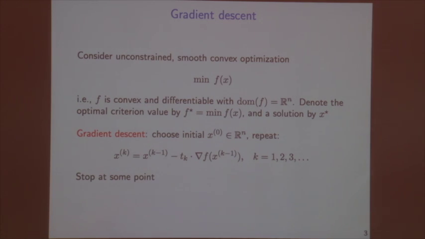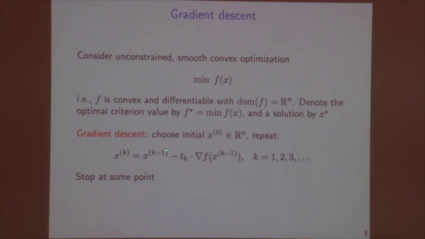The way we're going to try and algorithmically locate the minimum of that function is by this algorithm called gradient descent. Gradient descent can be described in terms of this update rule. Suppose that you pick an initial point in your domain in R^n.